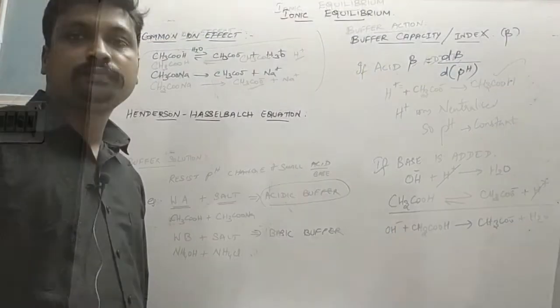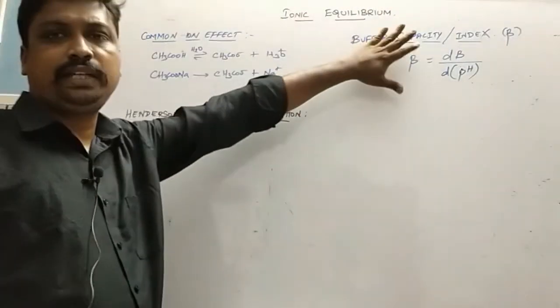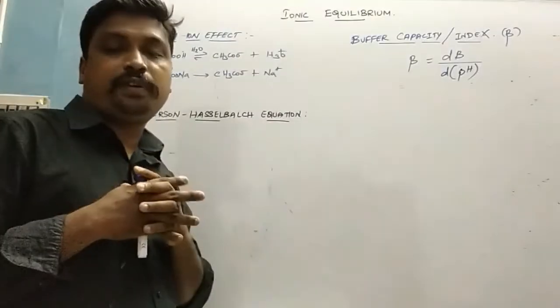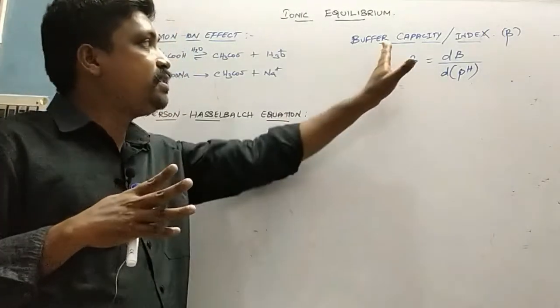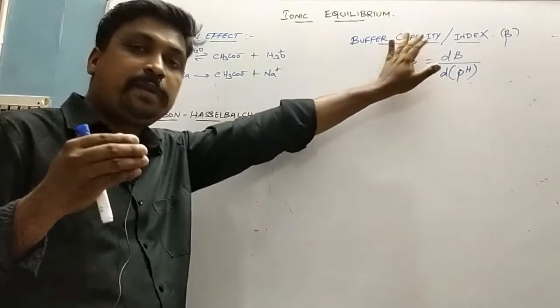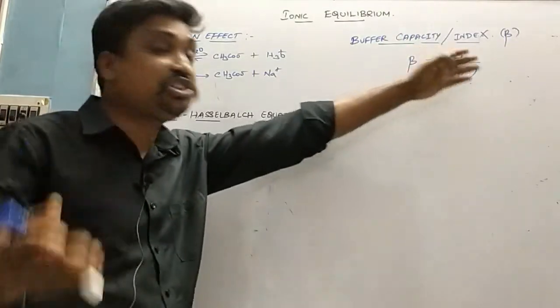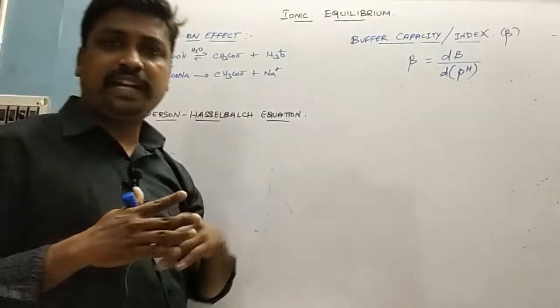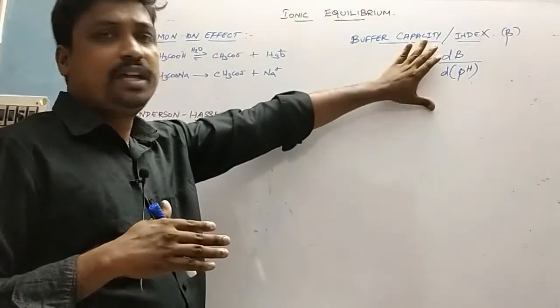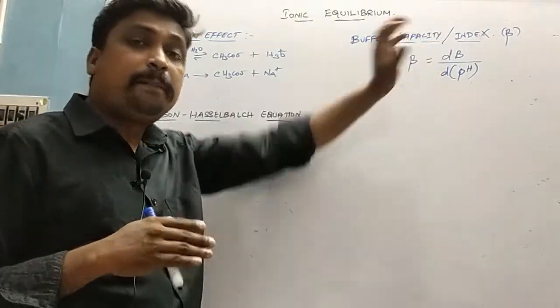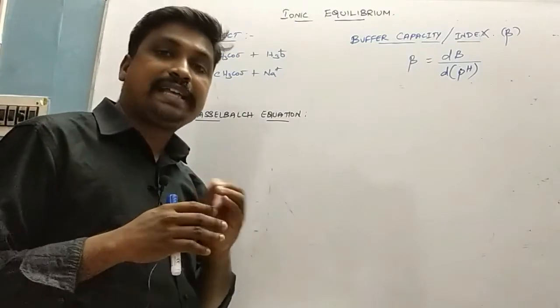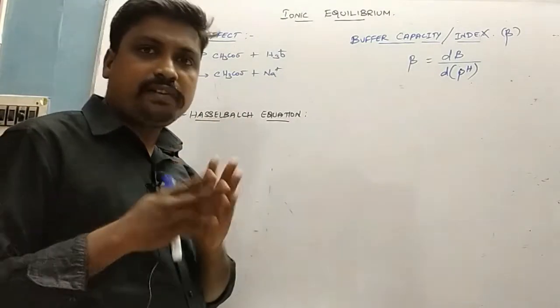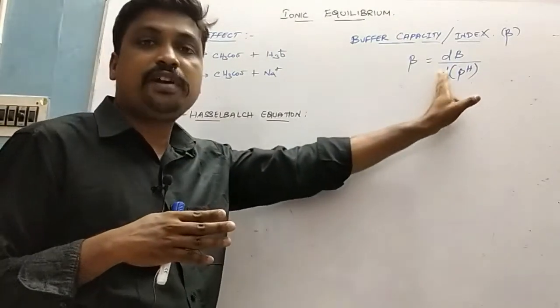Right. Buffer capacity or buffer index. The buffering ability of a buffer is explained by means of buffer capacity, and it is measured by means of buffer index beta. What is meant by buffer index, sir? It is the number of gram equivalents of acid or base that is required to change the pH by 1.